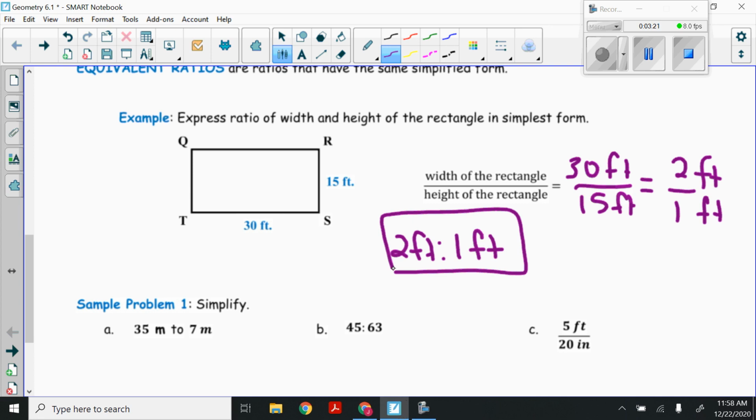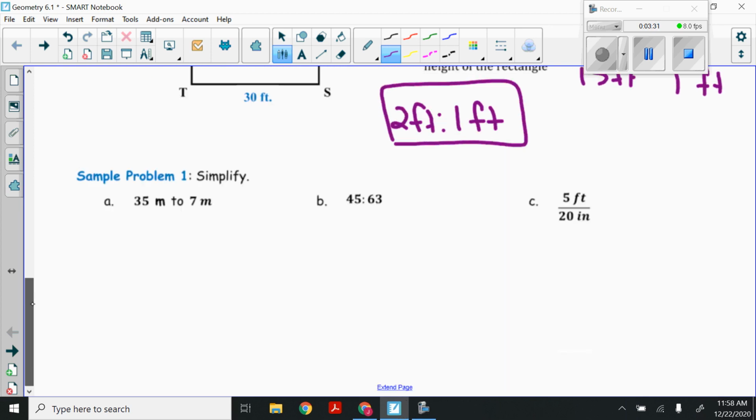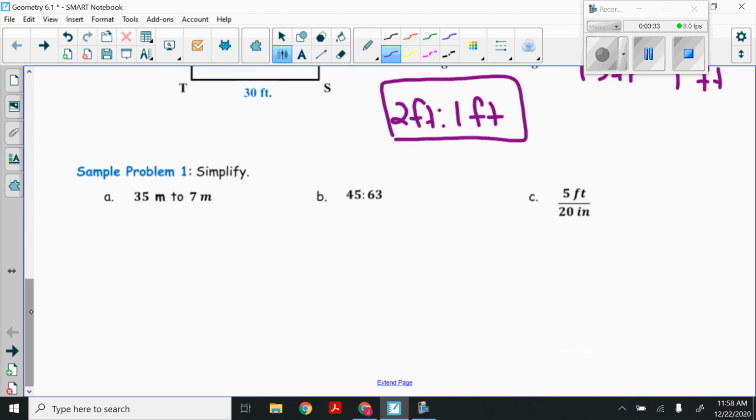Remember that if we have a ratio, we must have the two numbers. So that 15 cannot just go away on the bottom. We have to put that 1. So we're going to simplify these. The first one says 35 meters to 7 meters. So I can write this as 35 meters over 7 meters. Again, what's the biggest thing that they have in common?